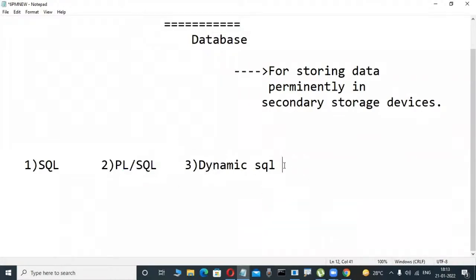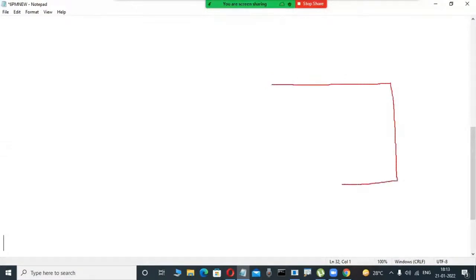For example, you are a first-time newcomer, so how can you understand? Concentrate here. Why PL/SQL is required, I'm just giving some applications for the idea. Daily, so many people go to banks for depositing or withdrawing money.